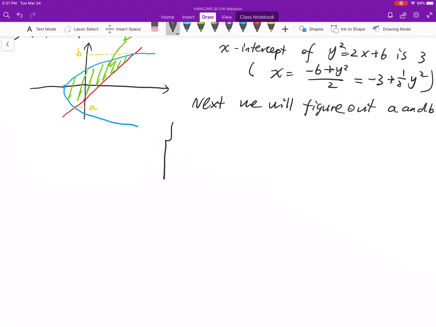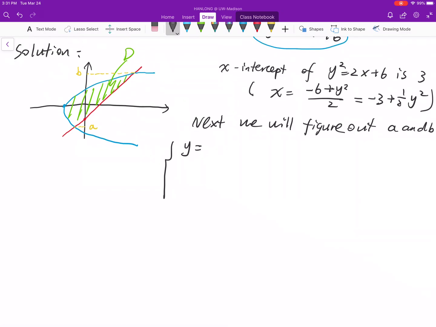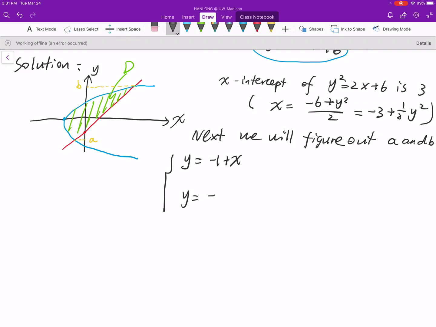So you set up the equation. Since the geometric meaning for A and B is that they are the y-coordinates of the intersection points. So the red line is -1 plus x, and the blue parabola is -3 plus 1/2 y squared.